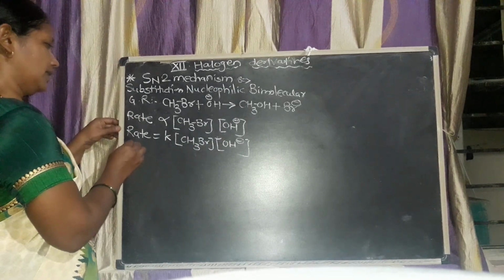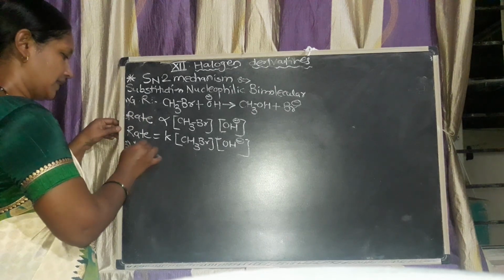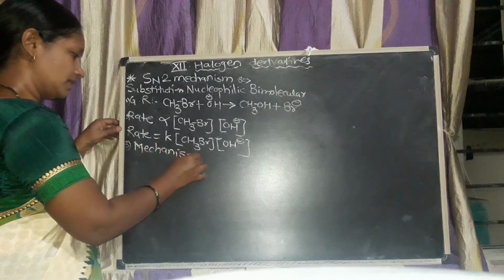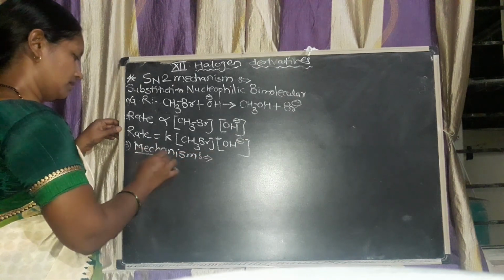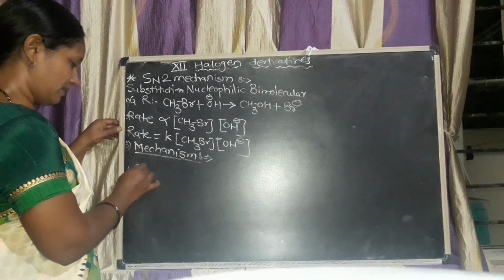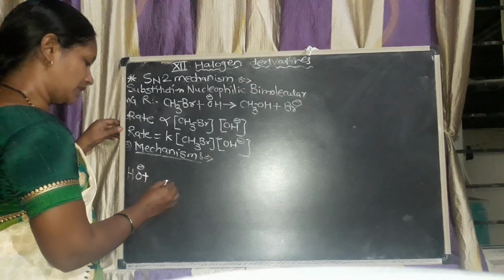Now the third one is the mechanism. In this, the OH minus nucleophile is reacted with the methyl bromide.